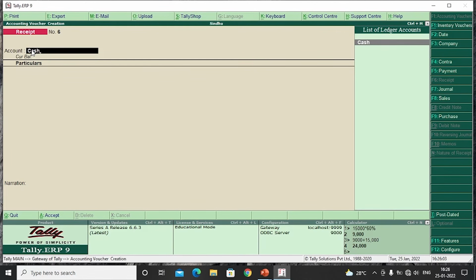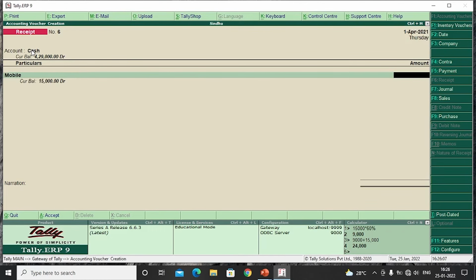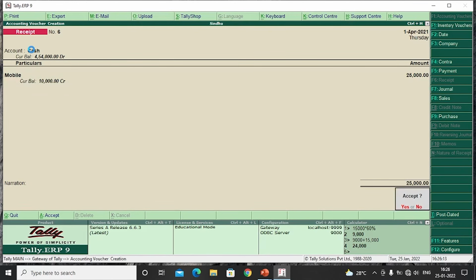Cash, mobile, so amount is 24,000. Accept this.